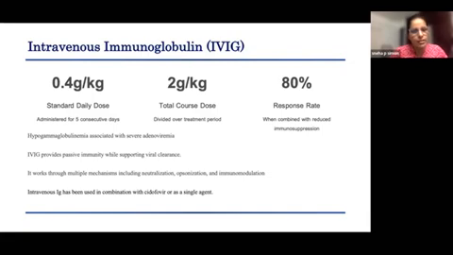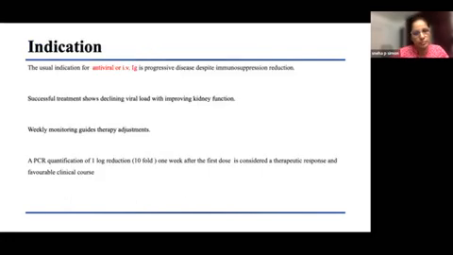IVIG: because severe adenoviremia is associated with hypogammaglobulinemia, IVIG will provide passive immunity, supporting viral clearance. It works through multiple mechanisms like neutralization, opsonization, and immunomodulation. It can be used as a single agent or in combination with antivirals.